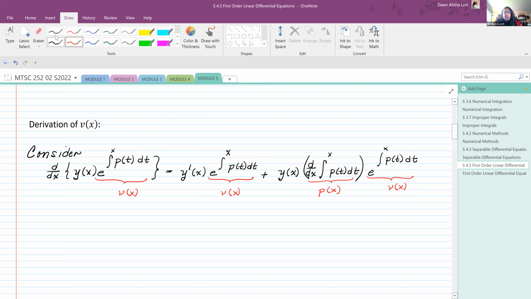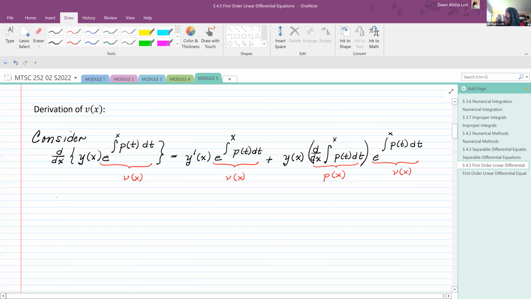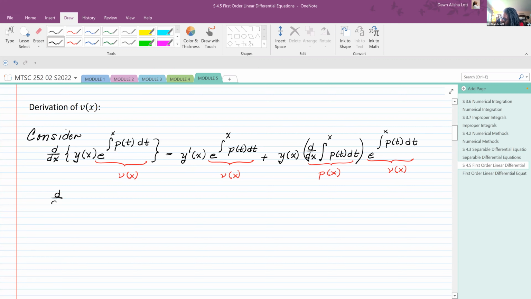So now I get the derivative with respect to x of y of x times v of x is y prime of x times v of x plus y of x p of x times v of x. So that's what that line becomes.